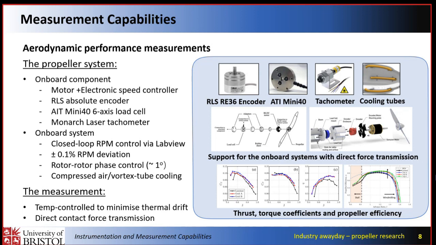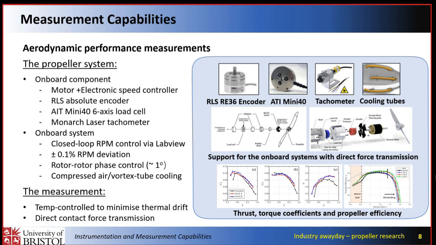And we also want to incorporate onboard systems which will facilitate our measurements. For instance, the RPM control, meaning that we have in-house written code in LabVIEW that enables us to control individual propellers up to 0.1 plus minus % of RPM deviation, meaning that it's really accurate.